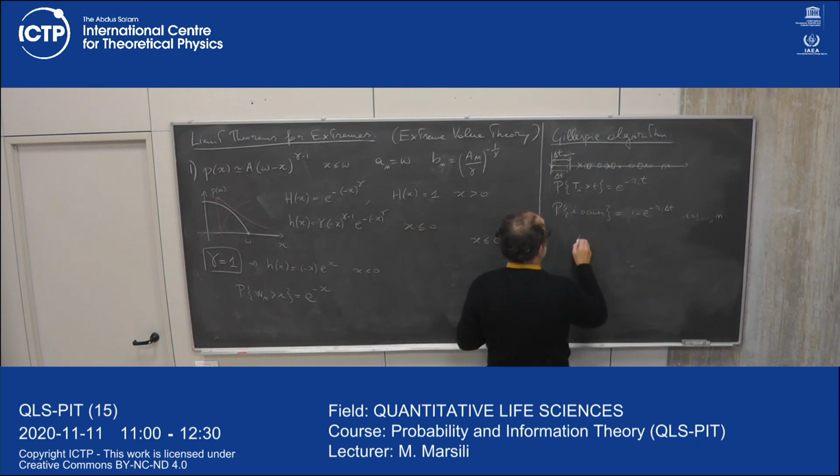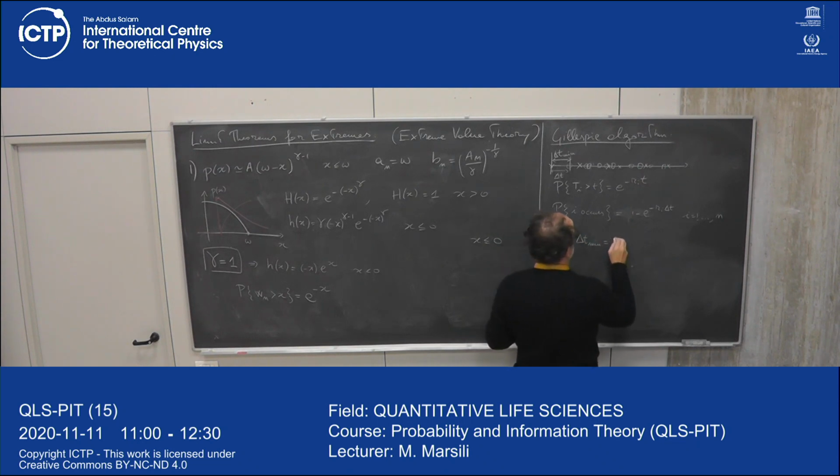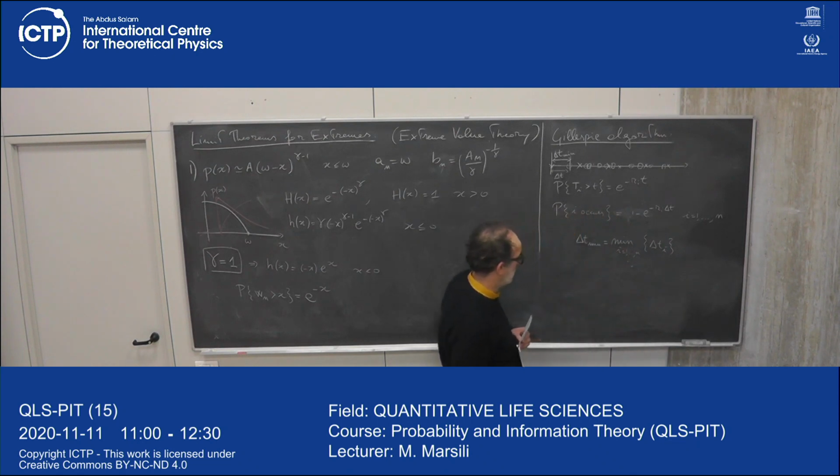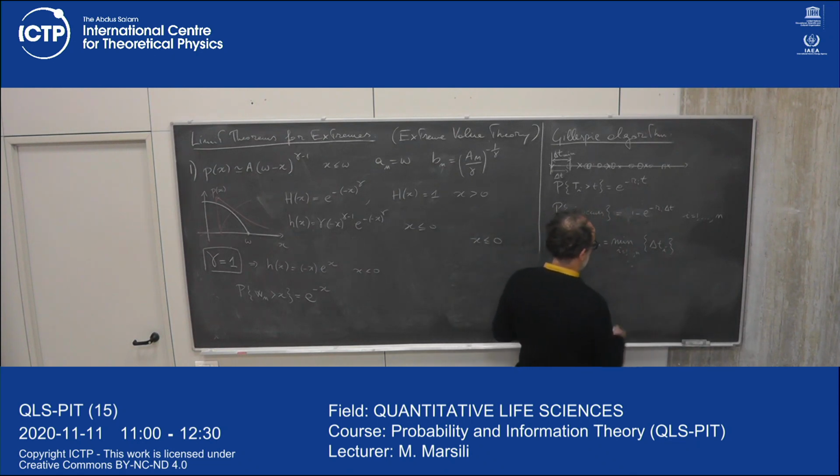And so the minimum time that I have to wait is the minimum over all processes of the time that I have to wait for process i, for each of the processes, okay?